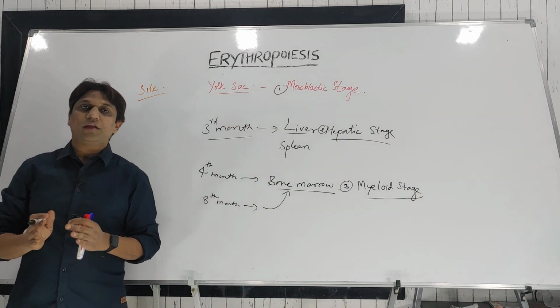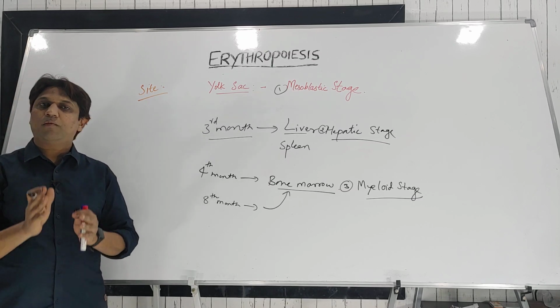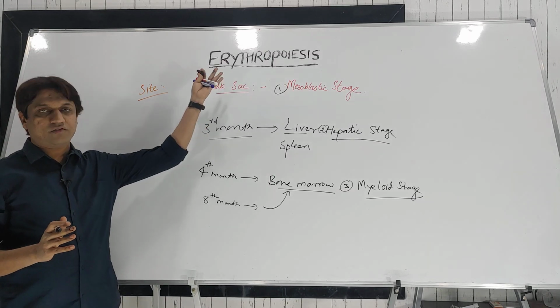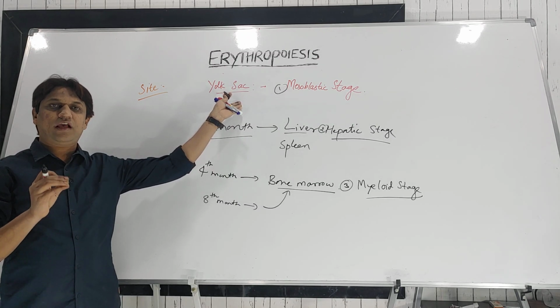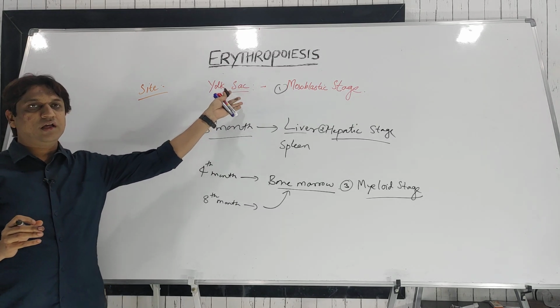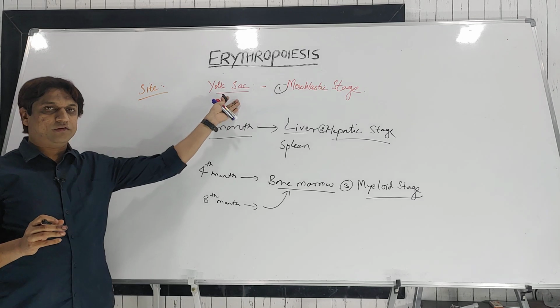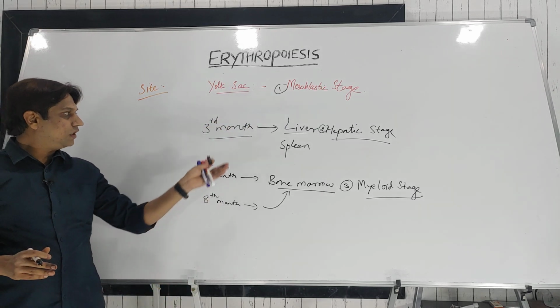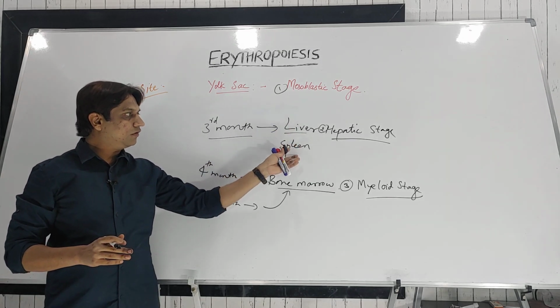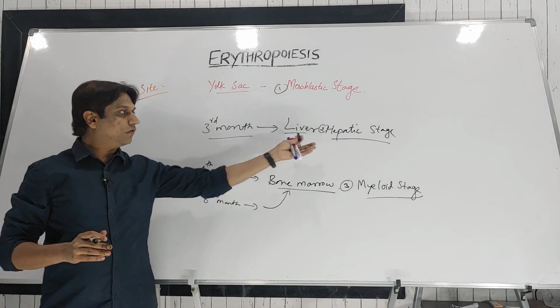So in the womb of a mother, that is in the intrauterine life itself, the production of the RBC starts. As early as the second or third week, this will start first in the yolk sac. This period is known as the mesoblastic stage. Then around the 3rd month it will start in the liver and also in the spleen, and this stage is known as the hepatic stage.